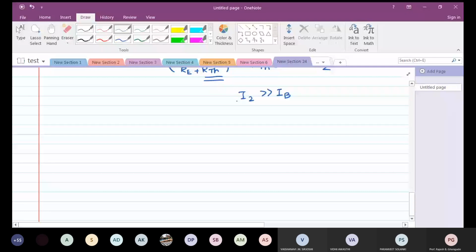And this is what we have studied in the loading effect. So this corroborates with our finding that in order to minimize the loading effect, I must have the value of I2 greater than IB.